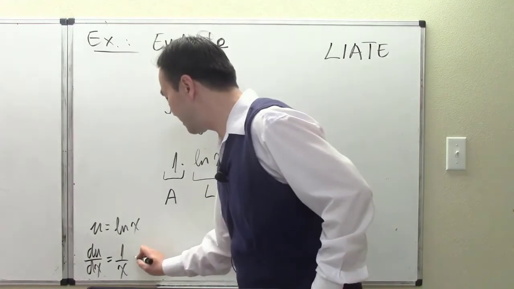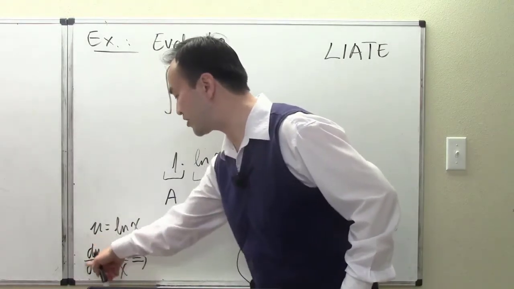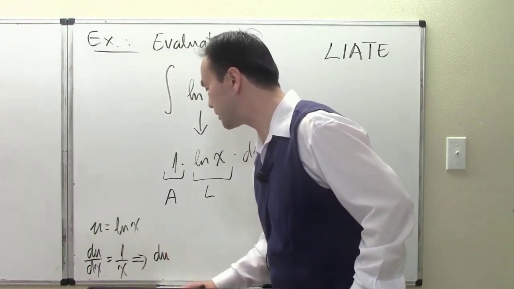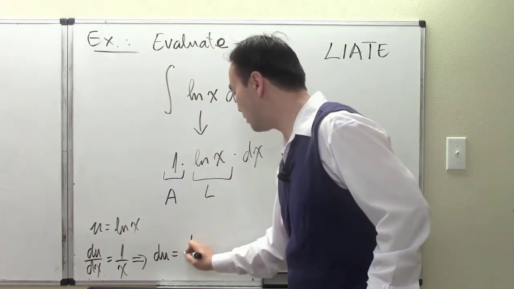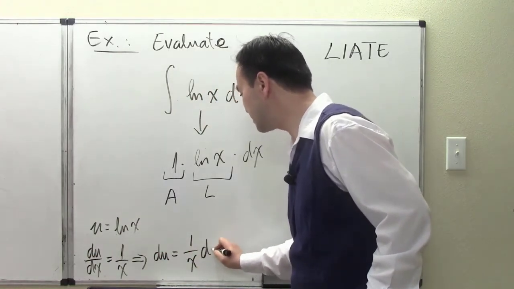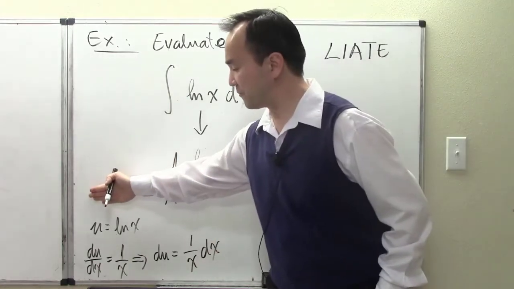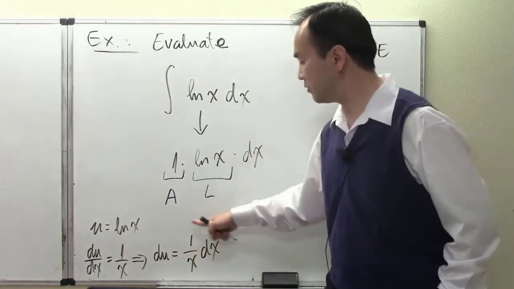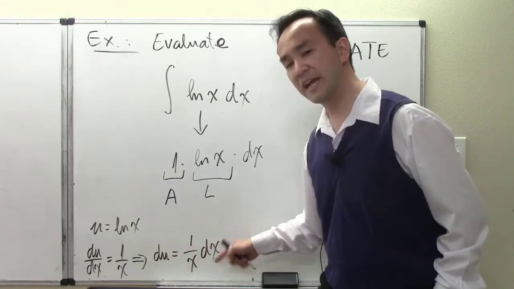I can now multiply the differential dx to both sides of the equation, and this leads to du equals 1 over x dx. So once we've made our u choice, we arrive at du equals 1 over x dx.